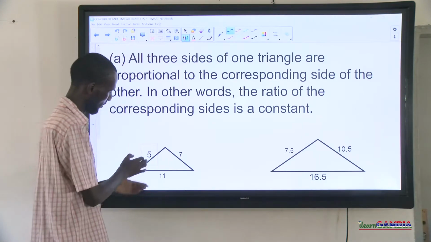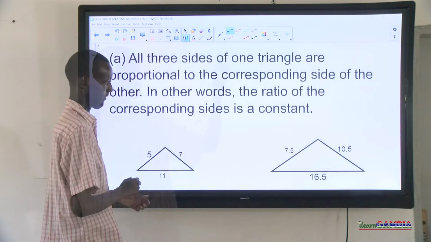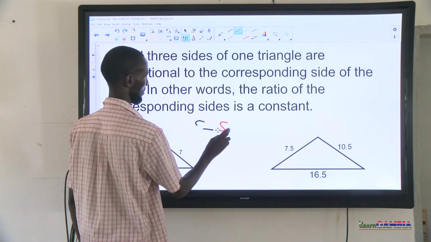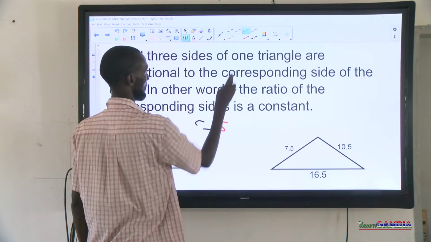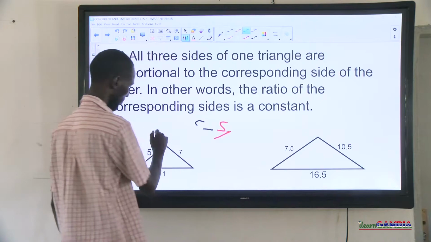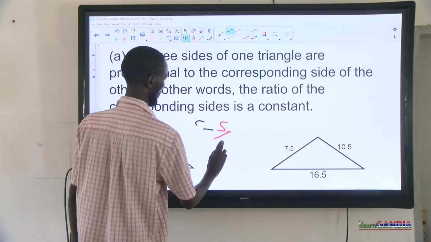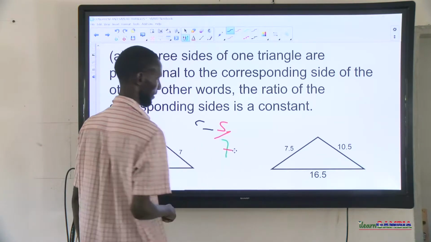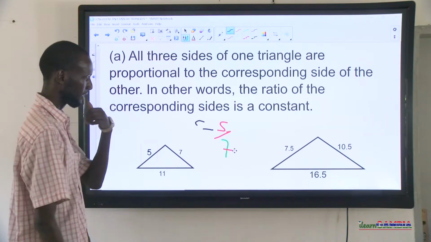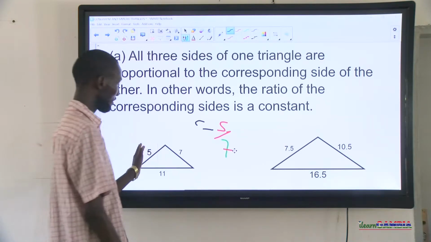From the first triangle, I take the side 5 over the other side 7, so 5 over 7. From the second triangle, I take the corresponding sides.